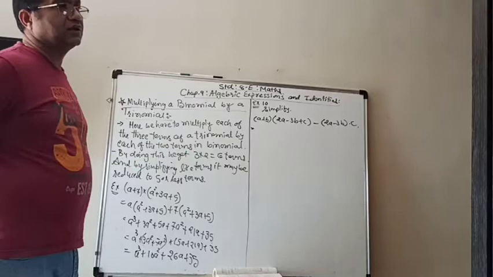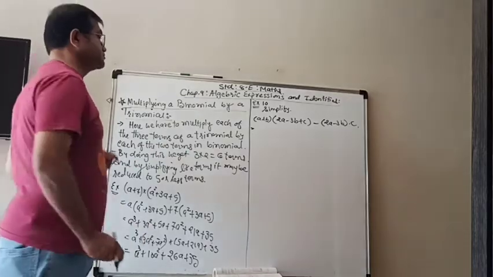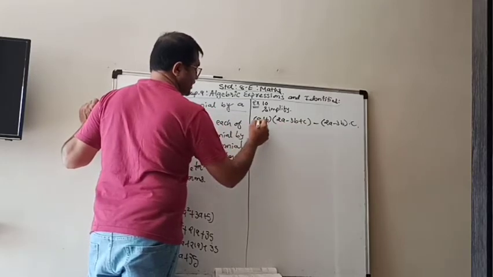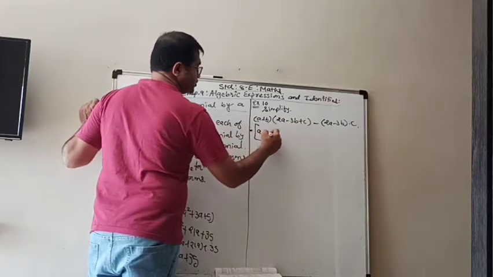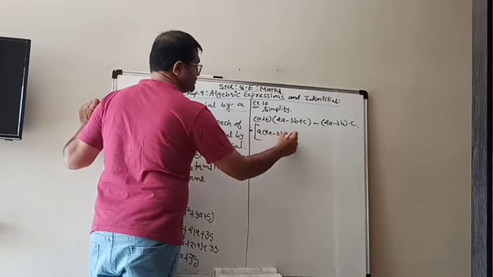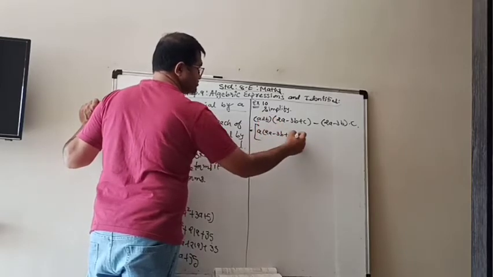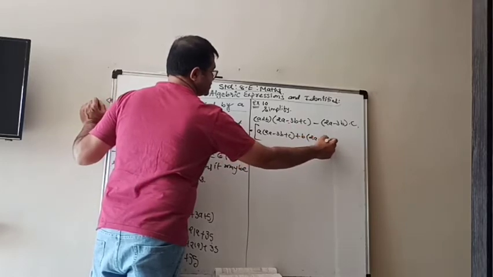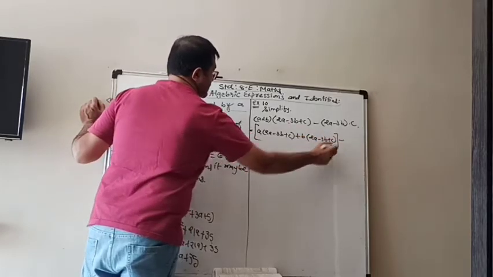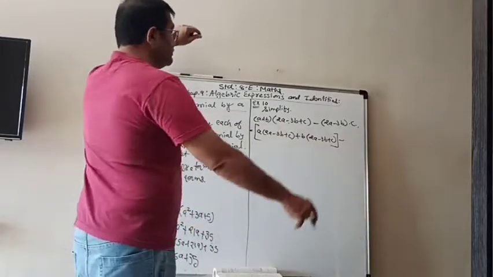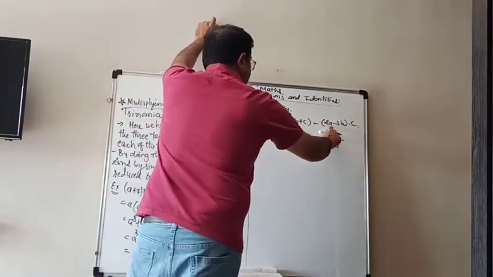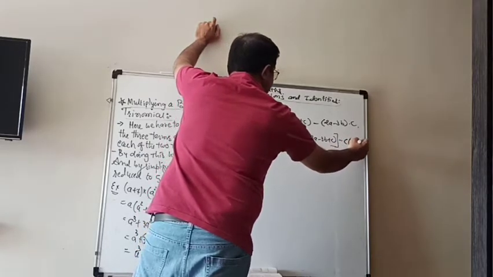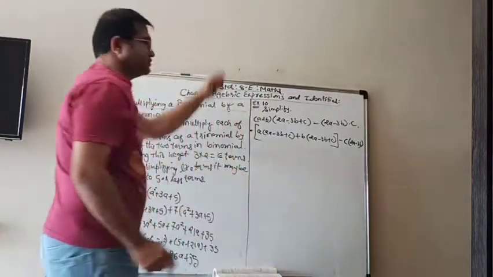First, a into the bracket (2a minus 3b plus c), plus b, again the same bracket (2a minus 3b plus c), minus, here you can see that the monomial is at the back, for binomials you can reverse it, c into the bracket (2a minus 3b) for our convenience.